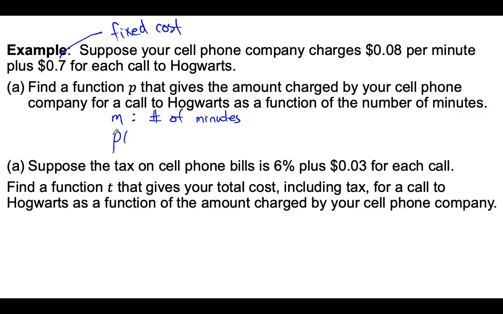And let's find this function, this P. Well, we're going to be charged per minute. So each minute, so let's say 5 minutes, so 5 times 0.08 plus that fixed cost. So it's going to be 0.08 times the minutes plus that fixed cost.